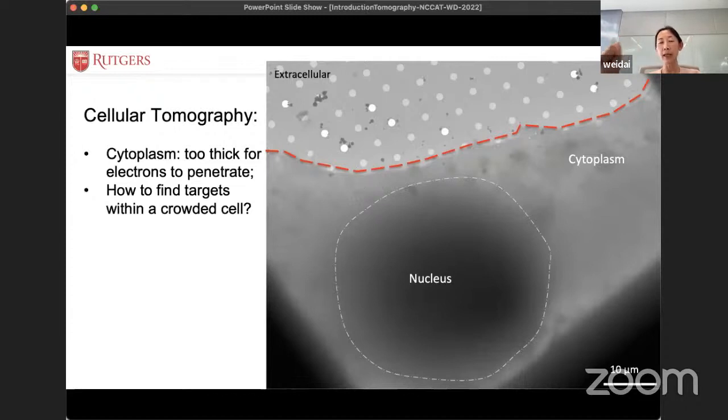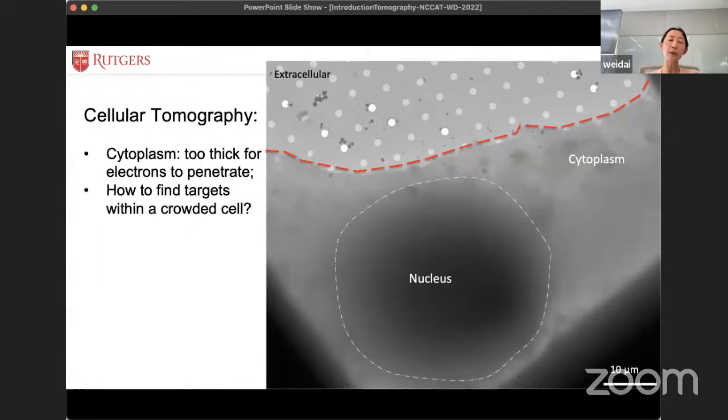The hole on the EM grid underneath. That means those regions are transparent to the electron beam. Basically, they're imageable directly by electrons. But most of the region, the cell body, and especially the nucleus region, you actually can't see much. They're very dark or black. So most of the region, they're too thick for electrons to penetrate.